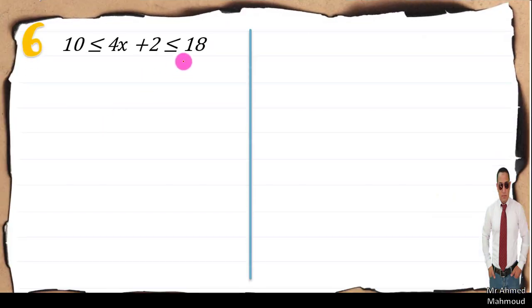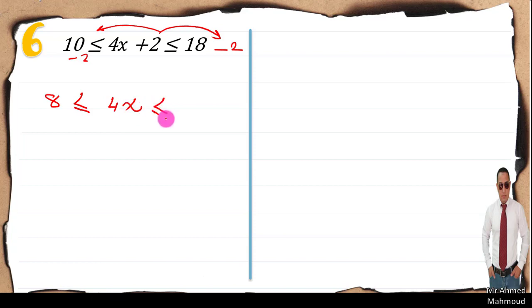Number 6. Now I'm going to send the plus 2 here and here. Okay, I can write minus 2 here and minus 2 here. 10 minus 2 equals 8, less than or equal 4x, less than or equal 16. And I can divide over 4 here and over 4 here.